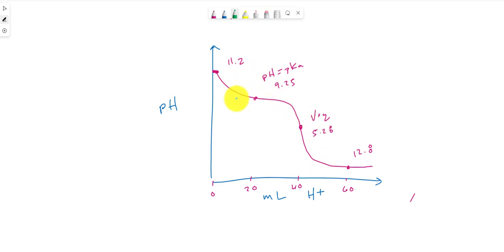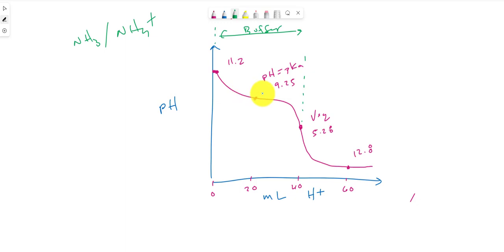And just like before, anytime we were sub-equivalence or pre-equivalence, this whole region we considered the buffer zone, where we had both, in this case, NH3 and NH4+ present, which we could use the Henderson-Hasselbalch equation to solve. And then anything post-equivalence, we just had excess protons.